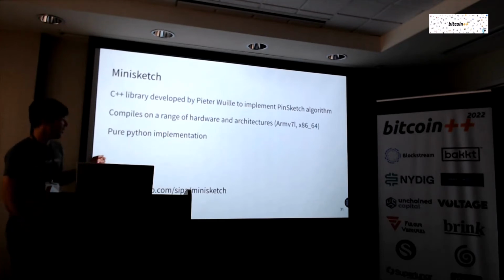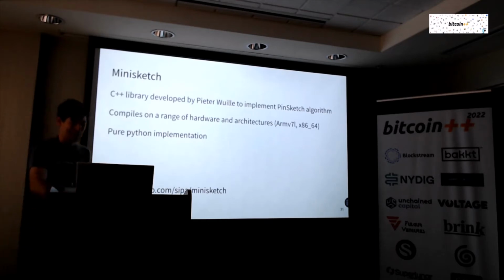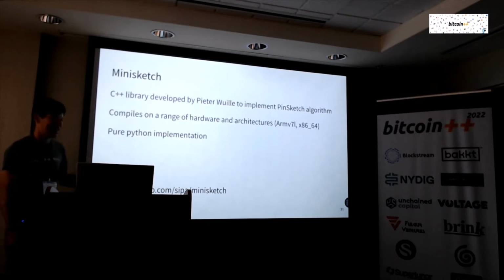But he's also got a pure Python implementation, which is really impressive in itself. It can do all the calculations in like 500 lines of code, which kind of blows my mind. So if anyone's interested in it, it's pretty accessible. I'd encourage you to check out his GitHub page, sipa/minisketch.